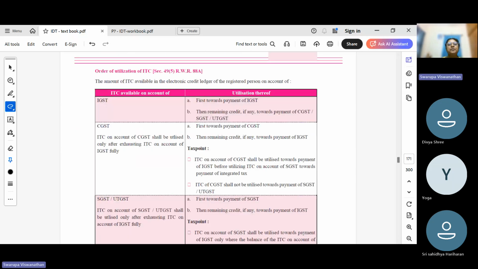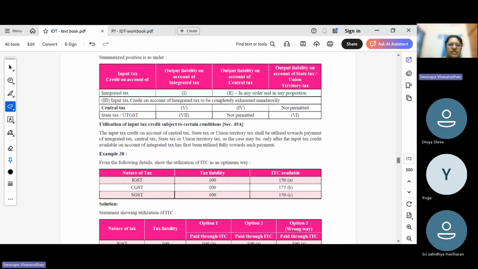Then order and utilization of ITC. How ITC needs to be utilized. Very important. It is important even in practical scenarios. It's very important to know the waterfall scheme in the adjustment of ITC. So ITC will first be used to set off IGST liability.